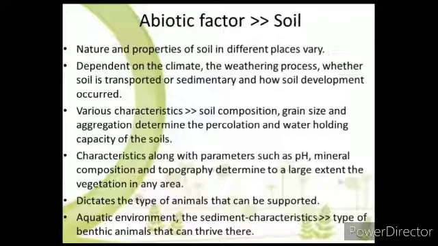These characteristics, along with parameters such as pH, mineral composition, and topography, determine to a large extent the vegetation in any area. This in turn dictates the type of animals that can be supported.